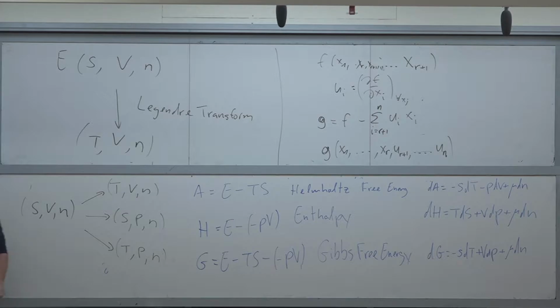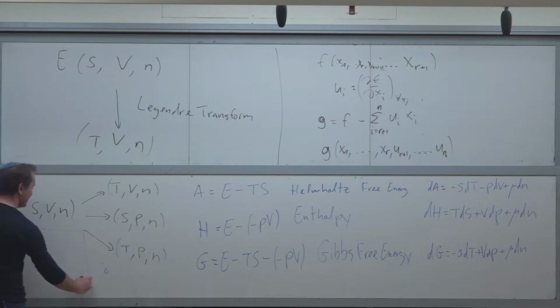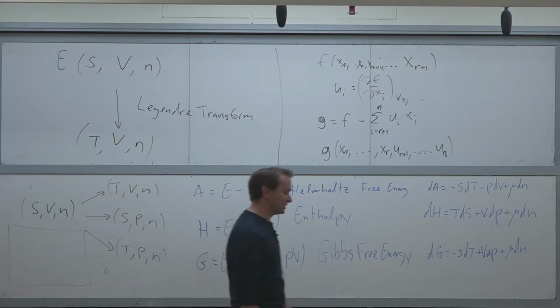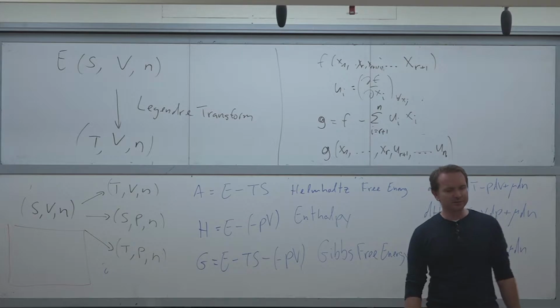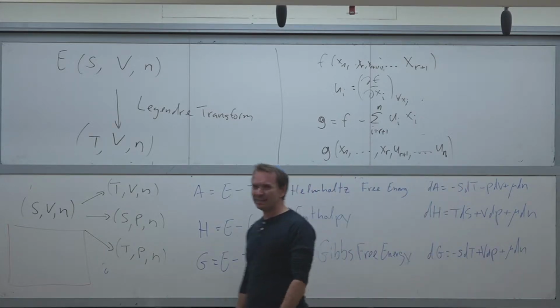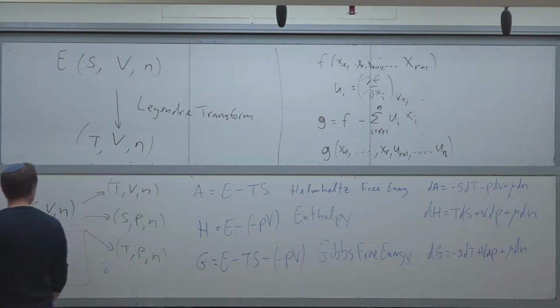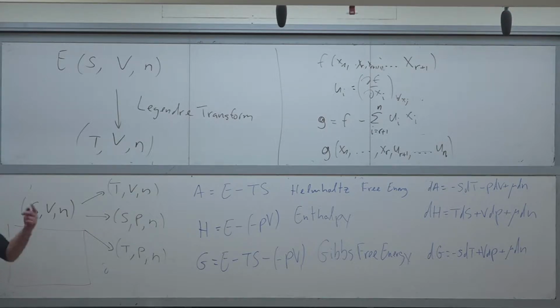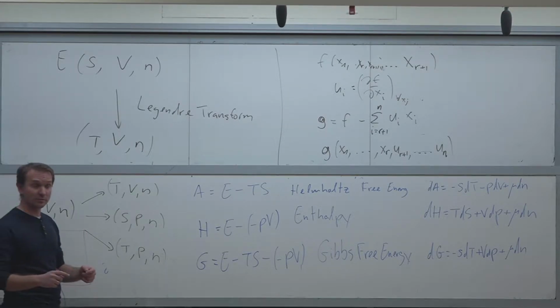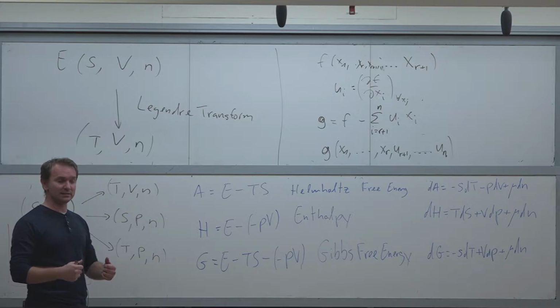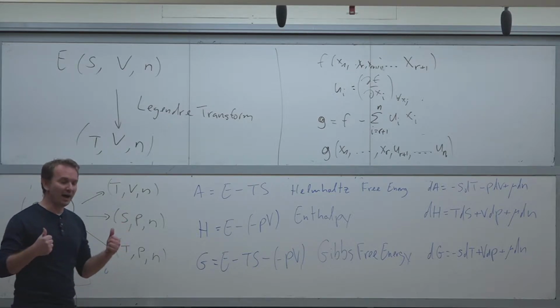Okay, so remember, for energy, we had a variational principle. What did our variational principle for energy state? That in equilibrium, the energy is at its minimum. So any fluctuations or imposing an internal constraint will only give rise to a higher energy.